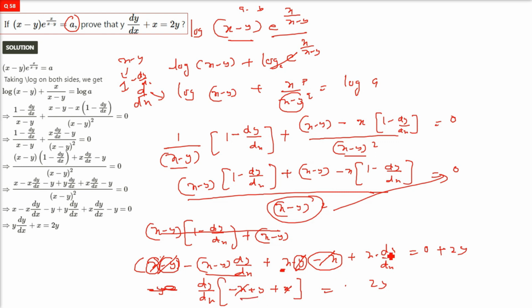As I said, this is just a rearrangement. The only thing you have to understand is you have to take a log, and when you take the log, you have to take dy by dx and then the other things on the right. So y dy by dx plus x equals 2y, right?